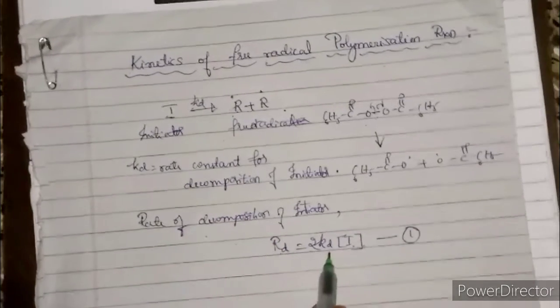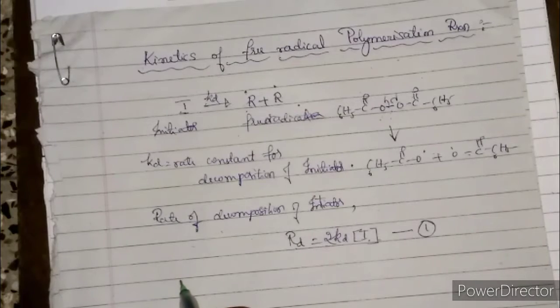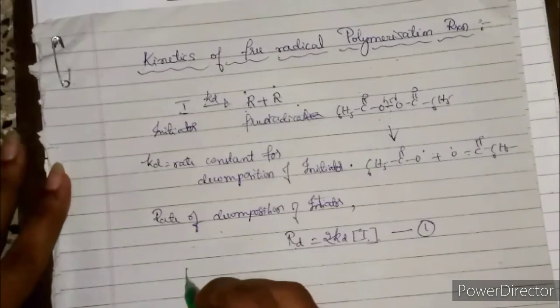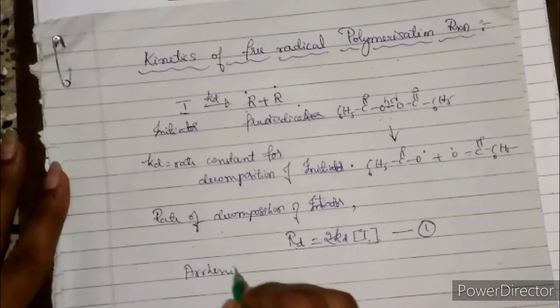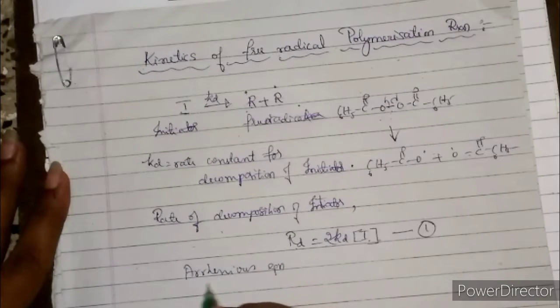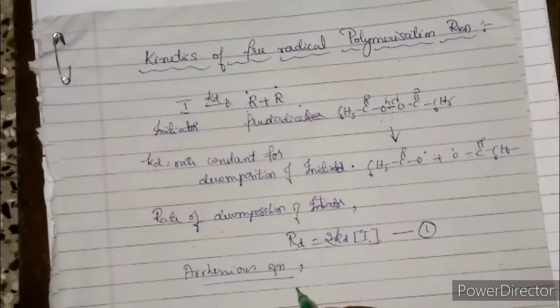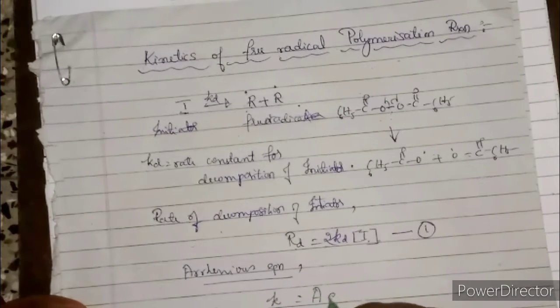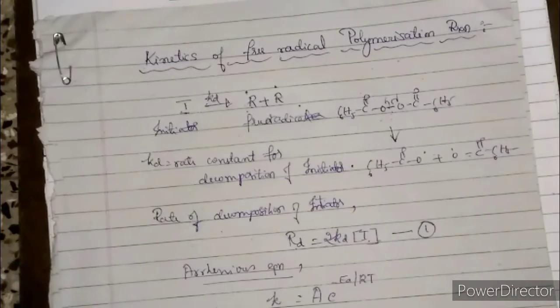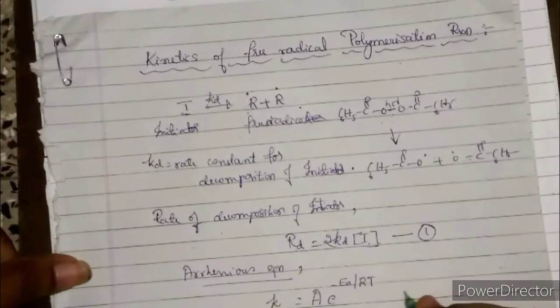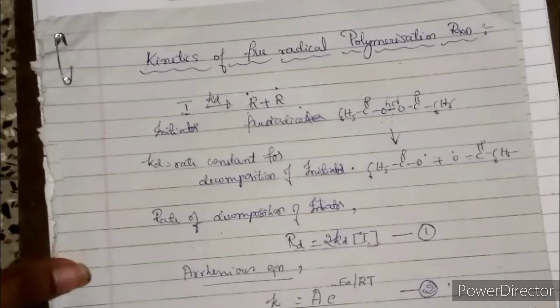Now, from the Arrhenius equation, we have K, the rate constant, equal to A e to the power minus Ea by RT. Name this equation 2.